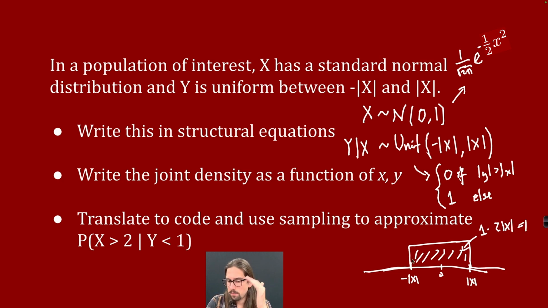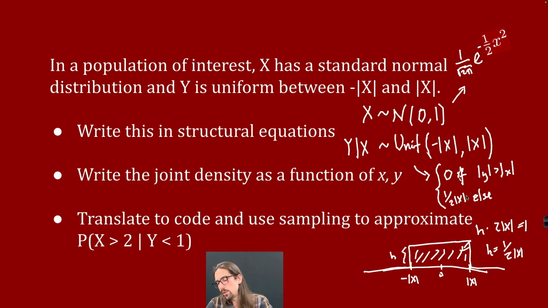The height times this length has to equal 1, so the height has to be 1 over 2 times the absolute value of x.